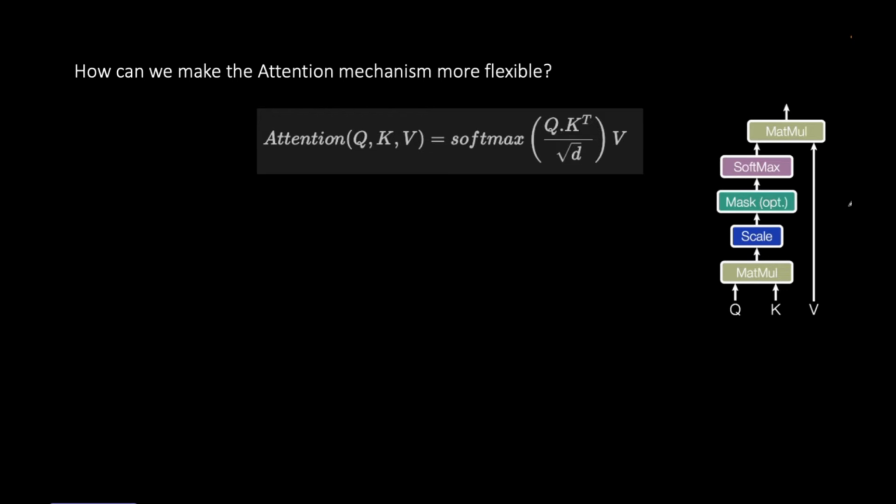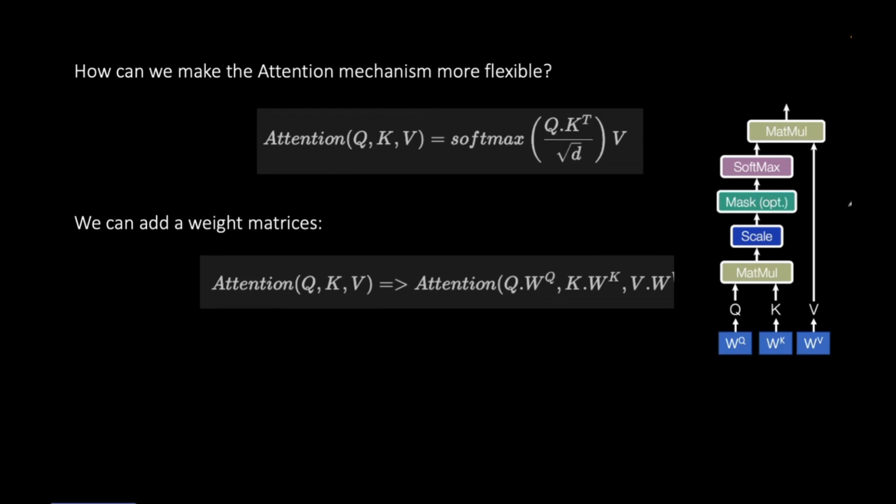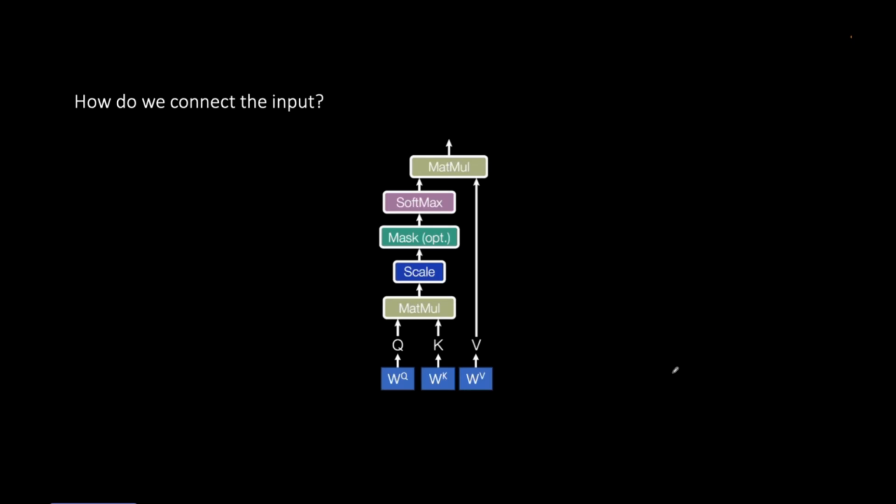So how can we make it a little bit more flexible? Well, we can add some weight matrices, and in the process of training the system, these matrices would be learned from the data. The other question is, how do we connect the input here?